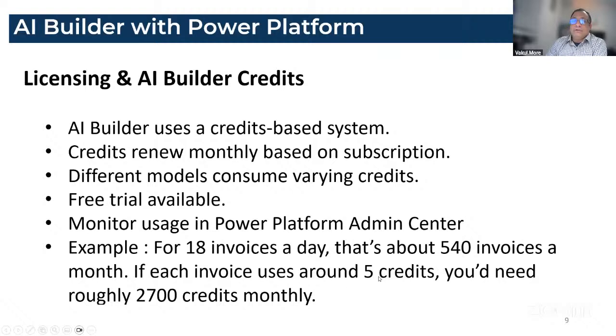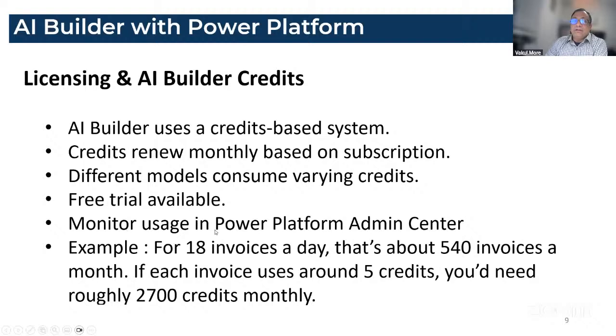And if you are trying to get a handwritten thing, that might take 6 credits. So depending on which model you're using, you get varying credits. And a free trial is available for you if you want to try, but you should have a school or a work account.